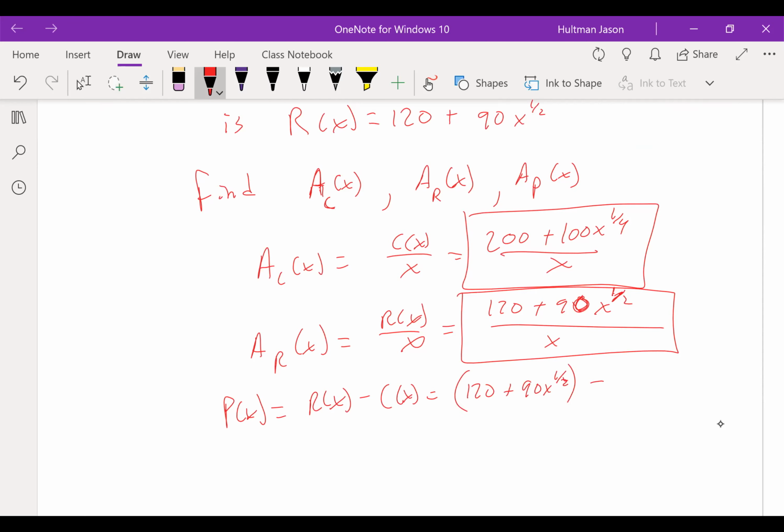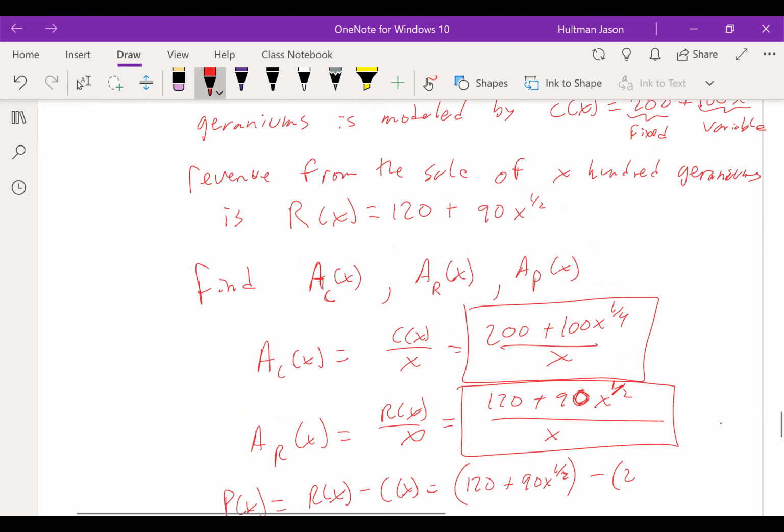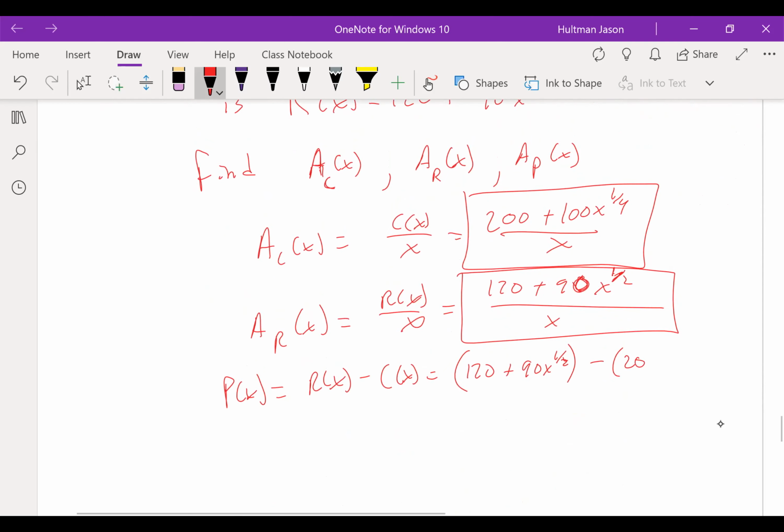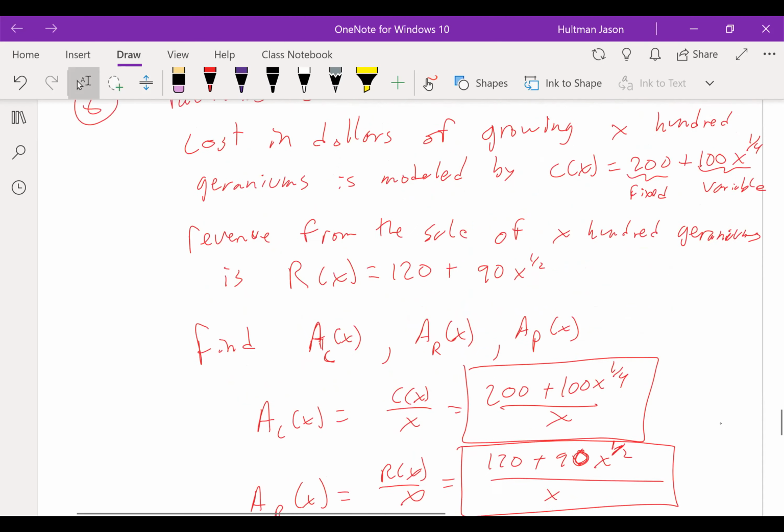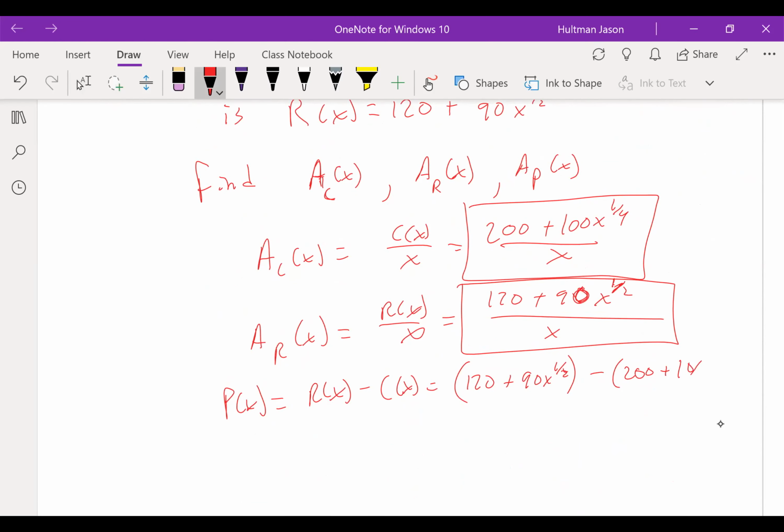C of X was 200 plus 100X to the 1/4. I'm going to distribute this negative sign. This becomes 120 plus 90X to the 1/2 minus 200 minus 100X to the 1/4.